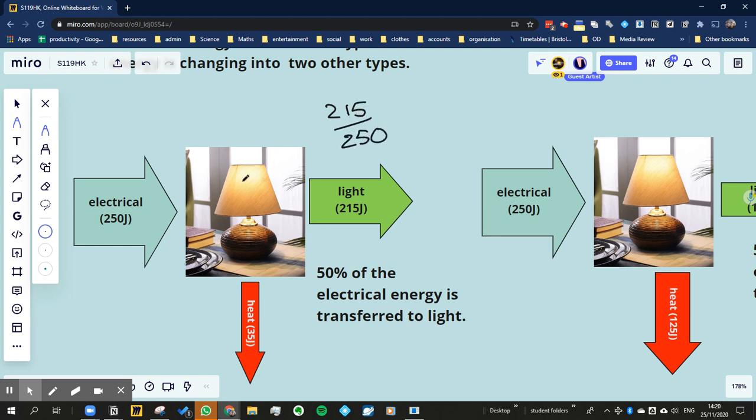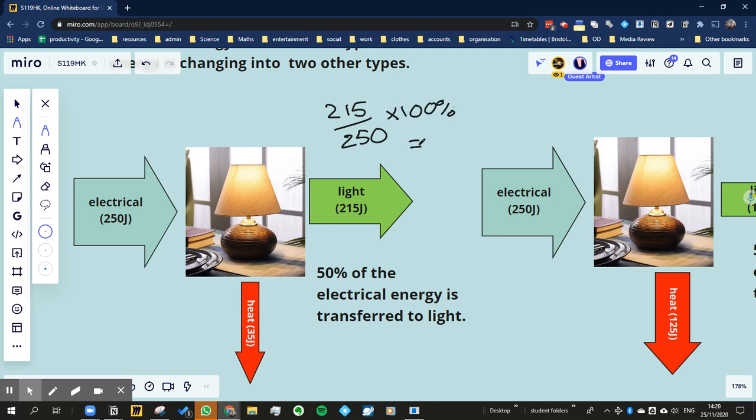That gives you what fraction of the 250 going in is coming out. We've put in 250 and we've got 215 out. And we want to turn that into a percentage, so we then times that by 100%.